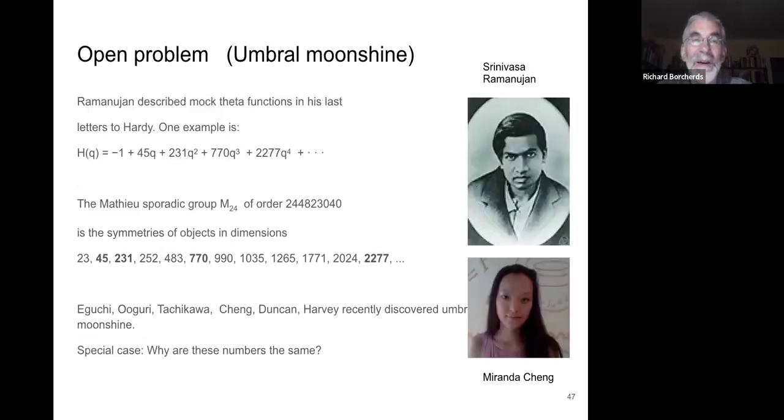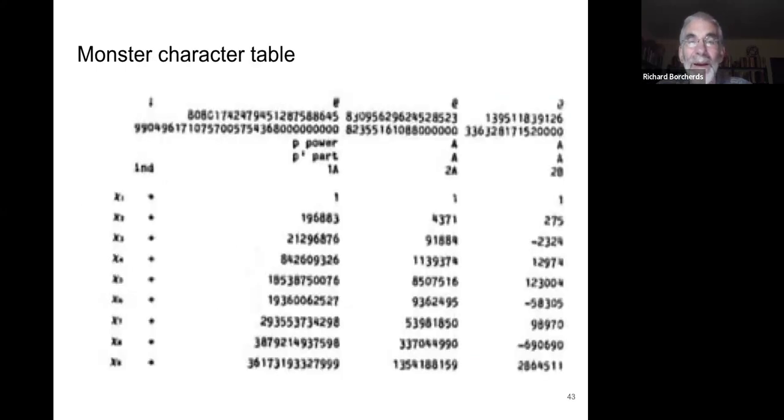I think at one of the earlier slides, we had the monster character table. So the top left, this ridiculously large number is the order of the monster. The third row gives the order of some of the dimensions that the monster lives in. This only shows the first 10 rows.